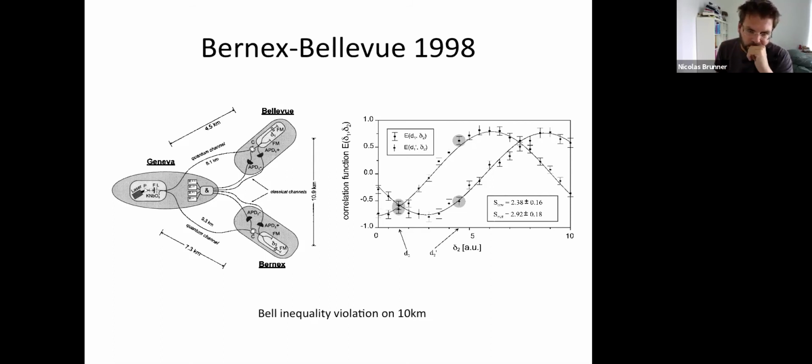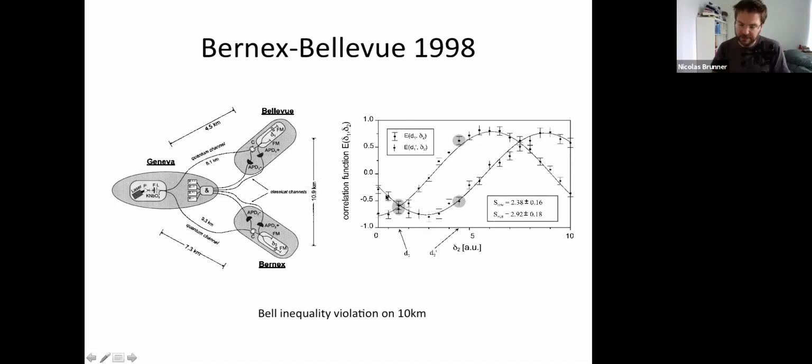And they have this nice separation of more than 10 kilometers, right? The source here, I believe, was at GAP, which at that time was more or less where the physics building is now, so in the city center. And here you see the distance of these quantum channels, so these optical fibers between all these different stations.